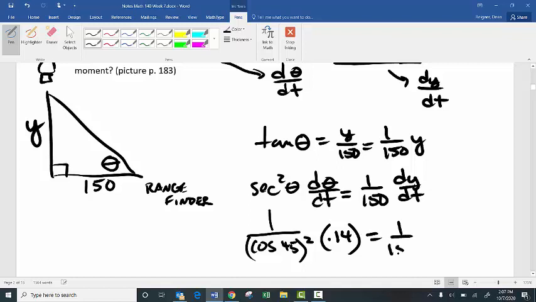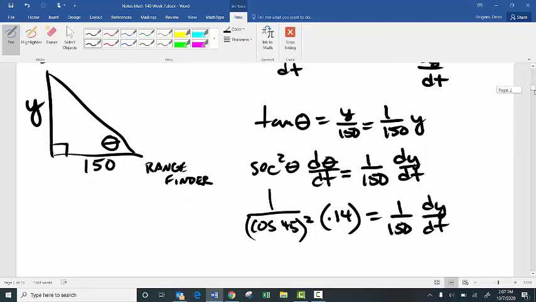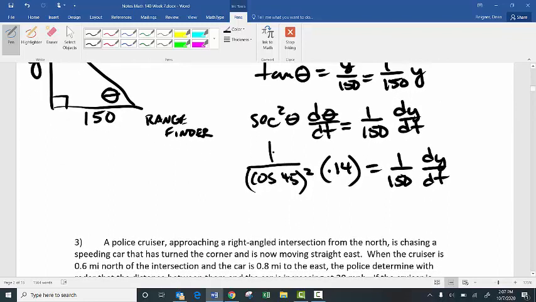And then 1 over 150. And then we're trying to find our change in y, how y is rising. Okay, so what you do for this one is you put in 1 over cosine of 45 squared, times it by 0.14, and then multiply it by 150 to get the dy dt alone.